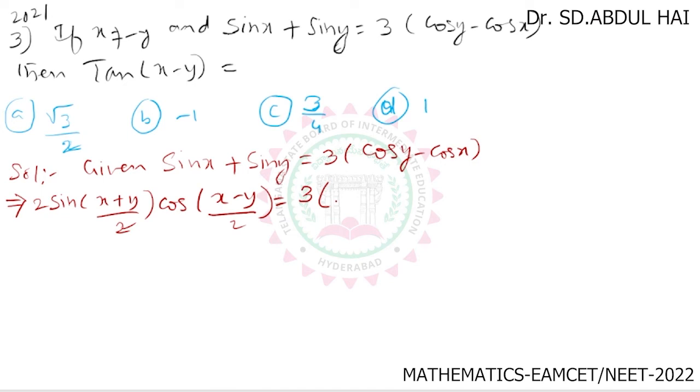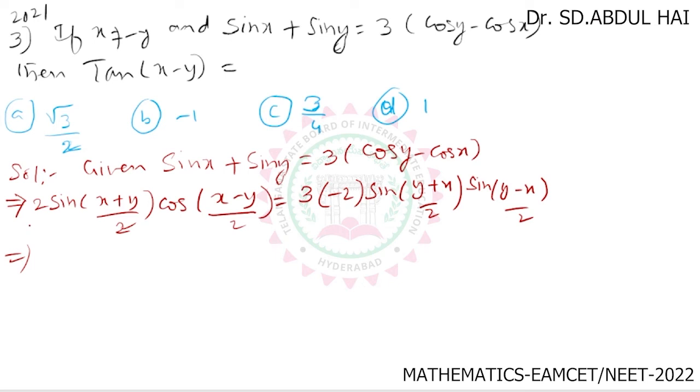It is again in the form of cos c minus cos d, which is equal to minus 2 sin of c plus d by 2 into sin of c minus d by 2.